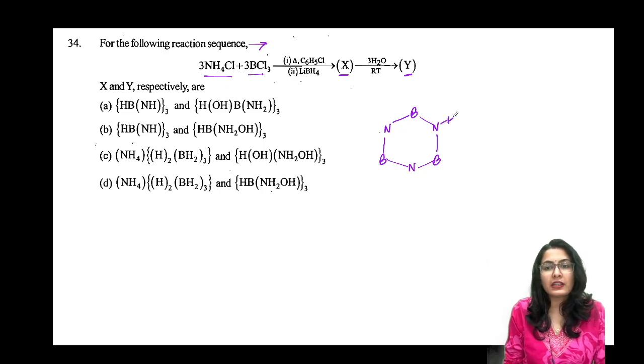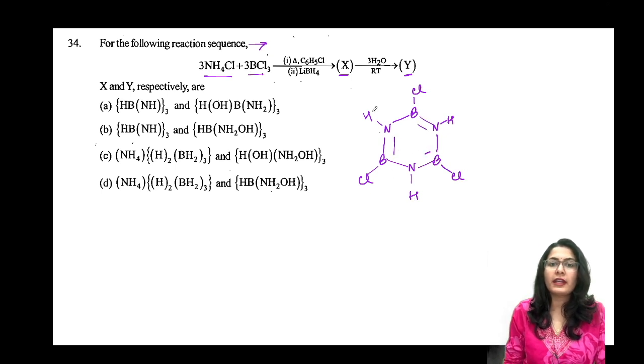Nitrogen will get connected to H, boron stays connected to Cl. You are getting BBB trichloroborazine like this. This is what you get. Okay, in the first step. In the first step, you are getting this trichloro.